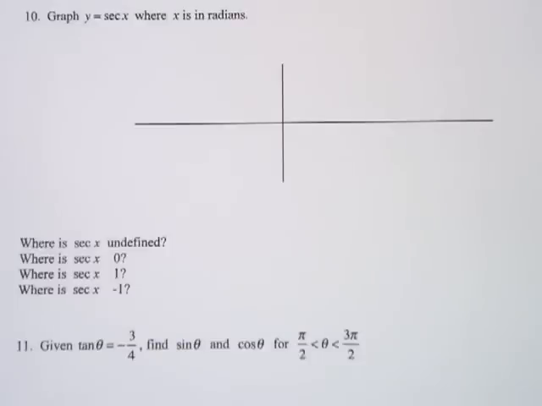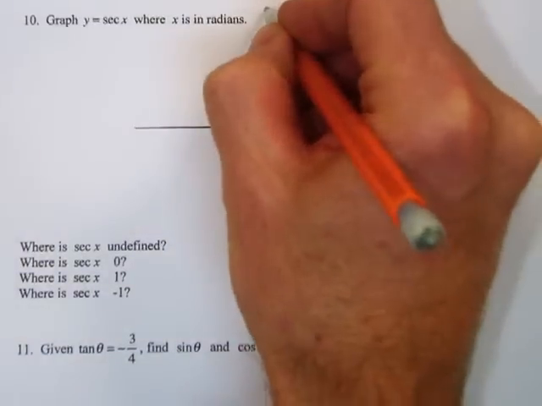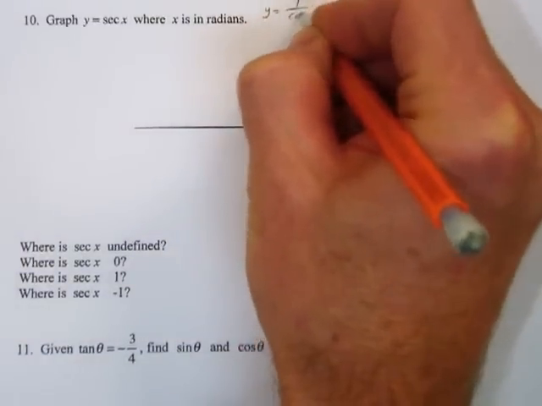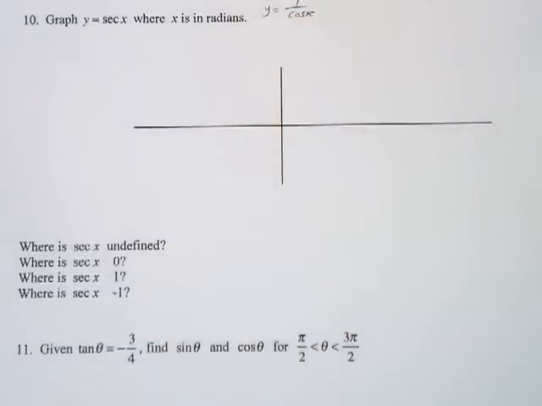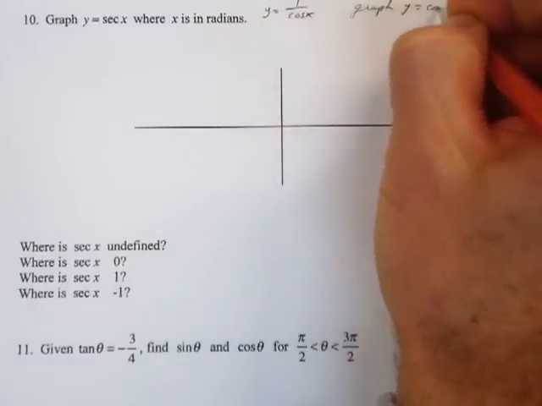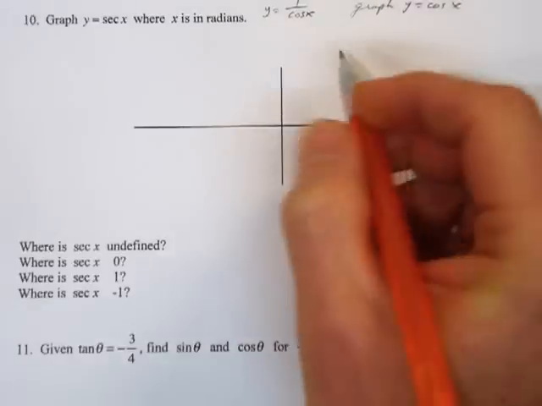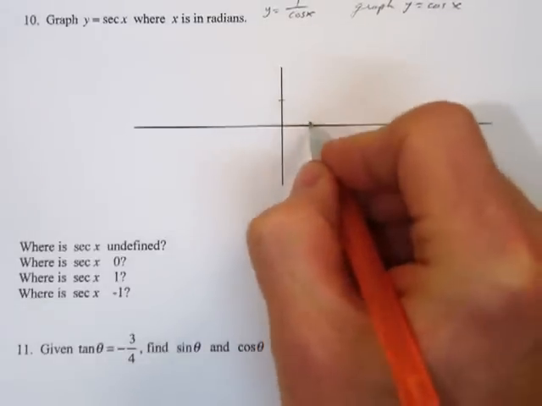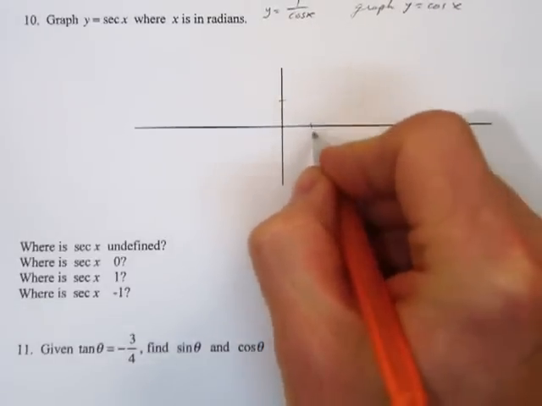Now let's graph y equals secant. And we realize that this is the same as 1 over cosine of x. So what we're going to first do is start by graphing y equals cosine x. We'll mark our key numbers here.